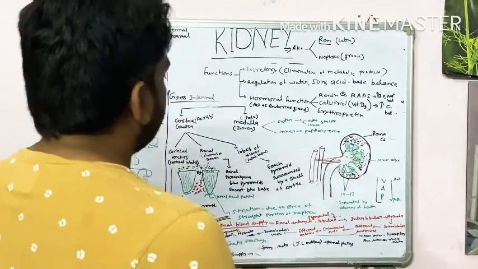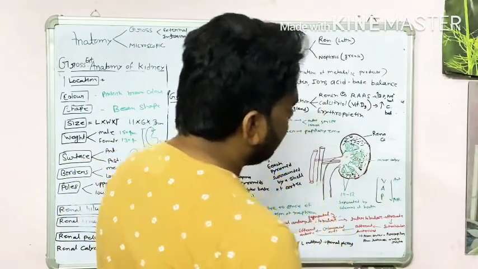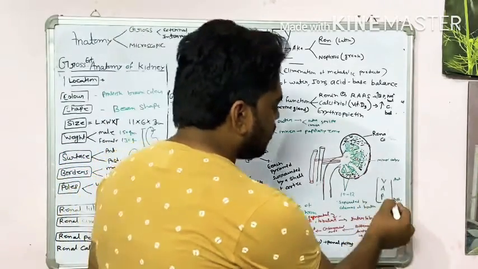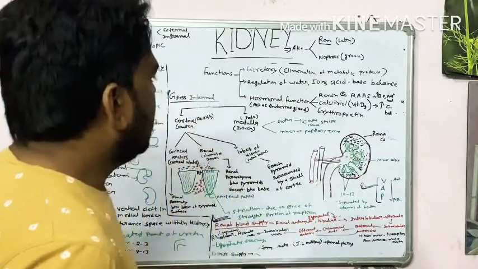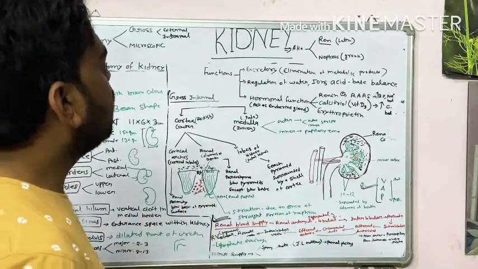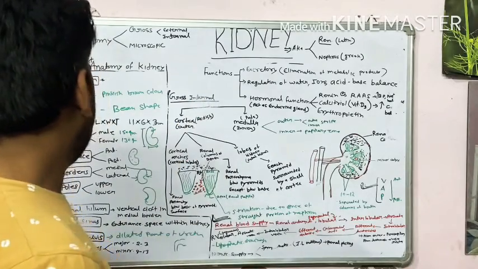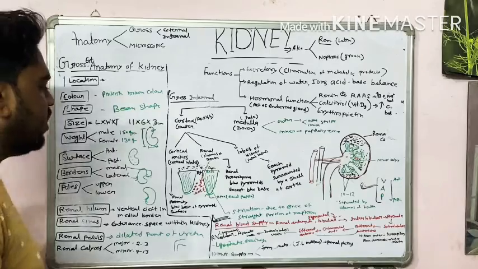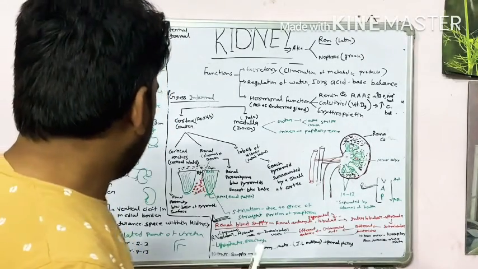Then the arrangement of renal artery, vein and pelvis: you have to remember anterior to posterior. You also have to know these functions. These are common things you already know since 11th and 12th class.